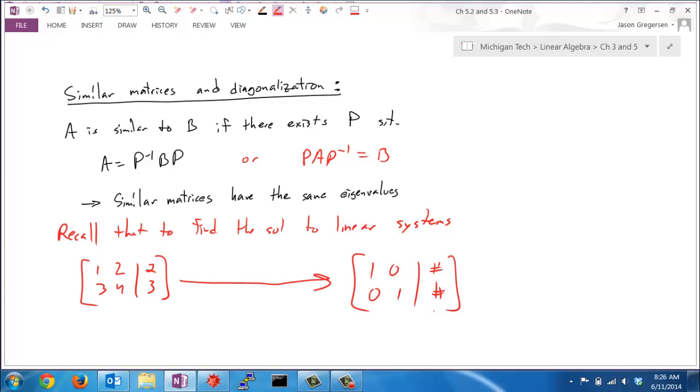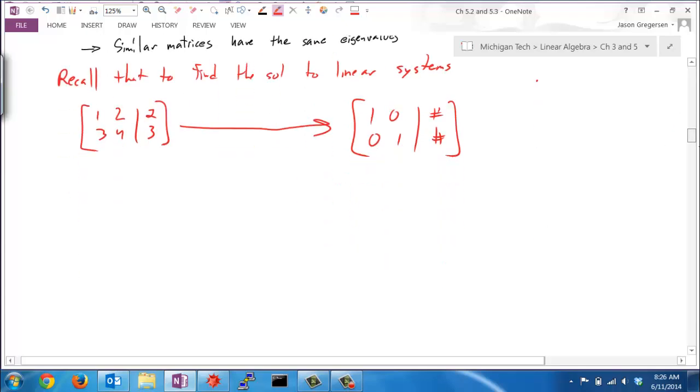So row reduction will change the eigenvalues. It doesn't change the solutions, but it'll change the eigenvalues. But the similarity transform, where we multiply one side by a matrix and the other by the inverse, will not change the eigenvalues. So that's a similarity transform.